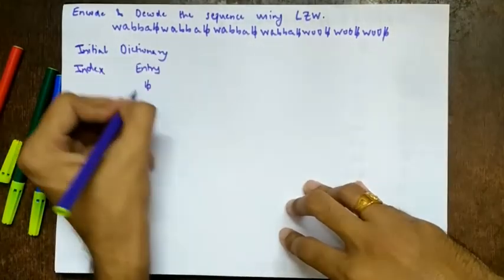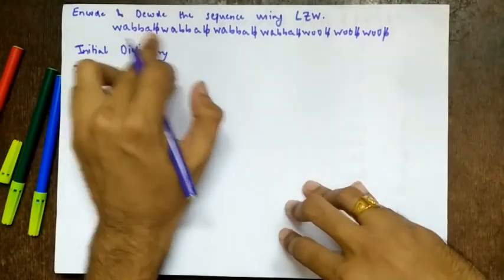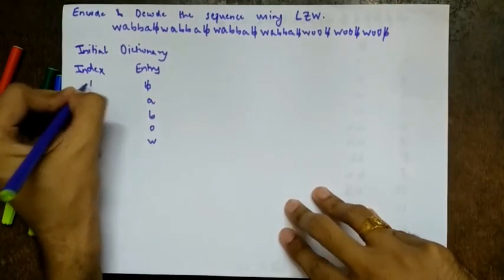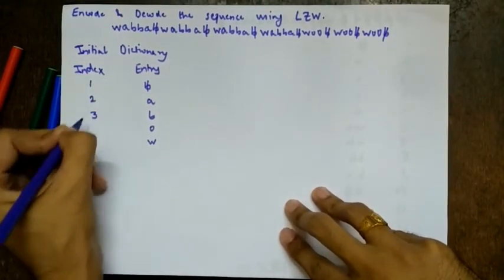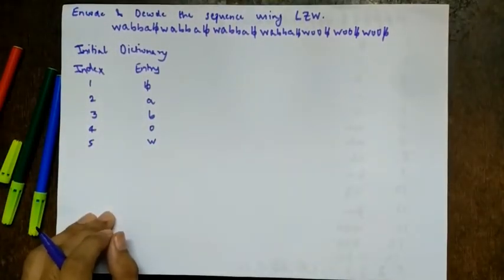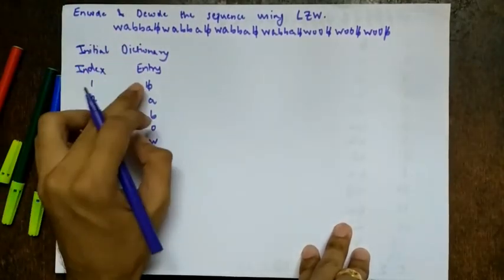Let's say the unique things are B bar, A, B, O, W. If you observe this sequence, these are the 5 alphabets which are unique, right? So they correspond to index 1, 2, 3, 4, 5. So this is the first step: you have to take the unique alphabets from the sequence and mention them.